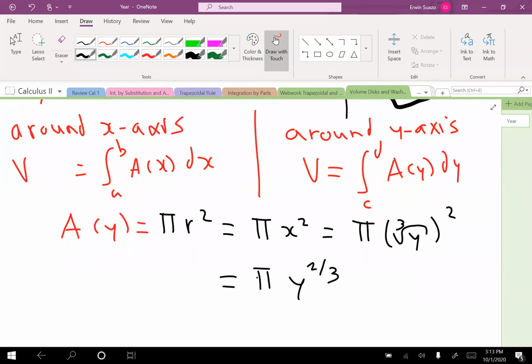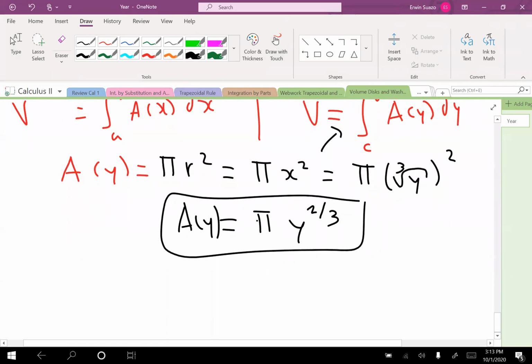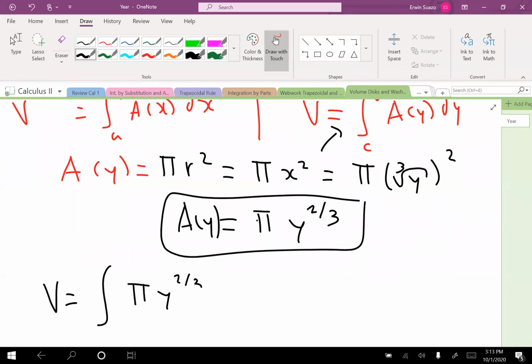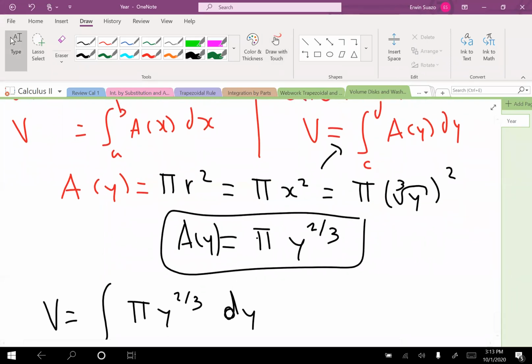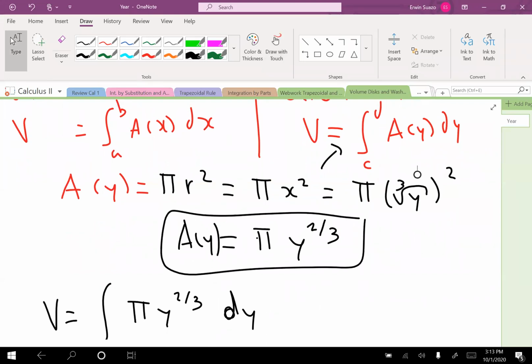Okay, so that's my A of y. So I just need to use this formula. My volume is the integral of pi y to the 2/3 dy, because I'm rotating around the y-axis.